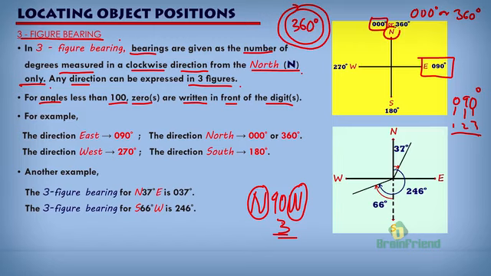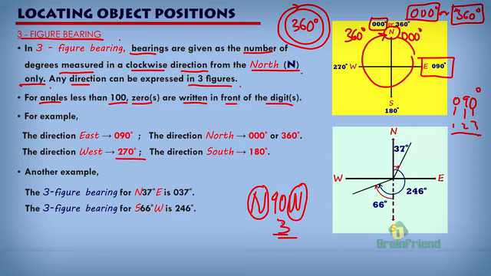So our north, beginning the count of our angles, could be 0, 0, 0 degrees, and in completion of that revolution or turn could be 360 degrees. So the north is always shown to be what? 0, 0, 0 degrees or 360 degrees.